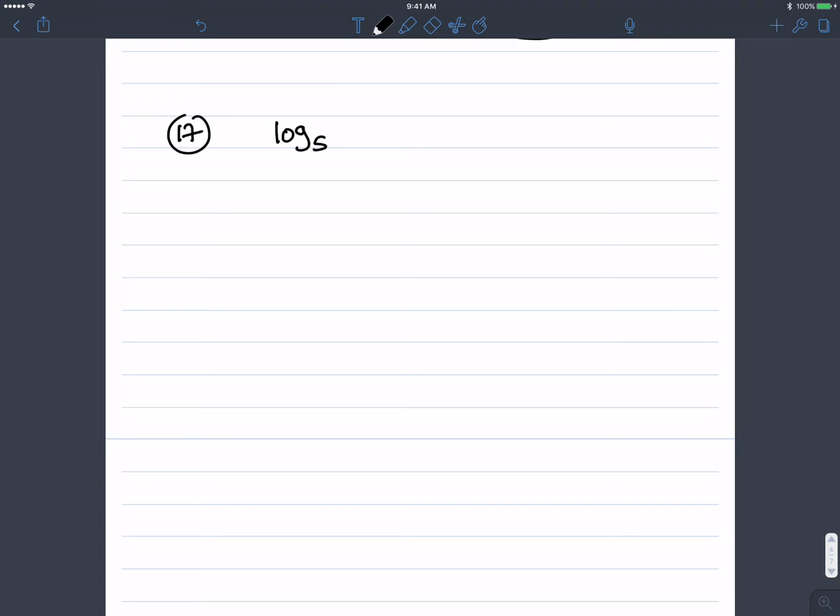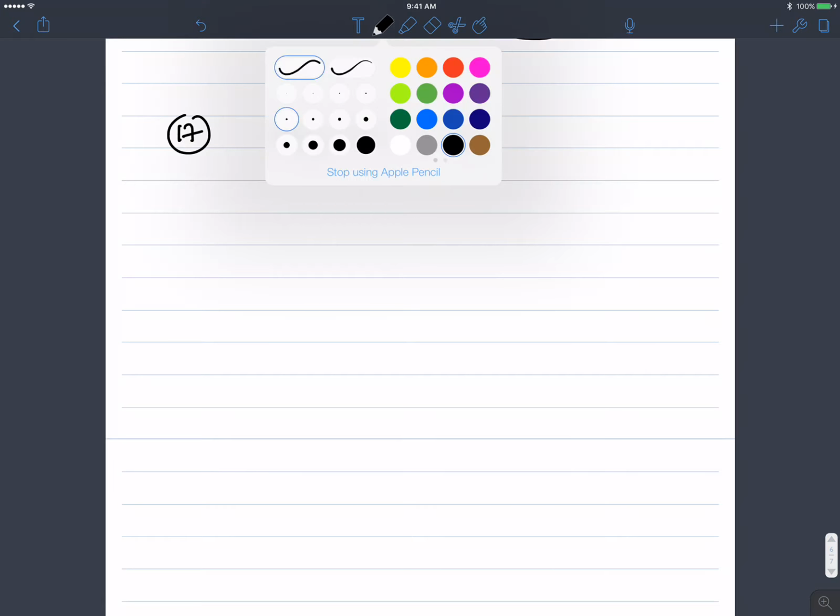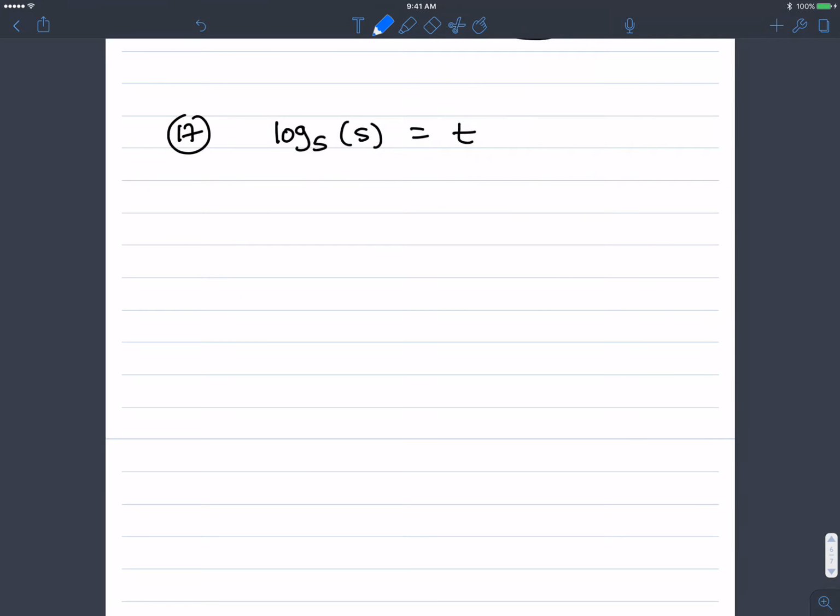Log base 5 of 5, we're going to say, is t. Using the definition, we can say 5 to the t is 5. And like I said earlier, again at this stage, use properties of exponentials.